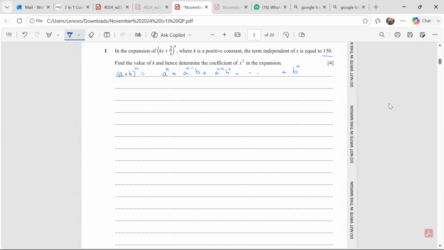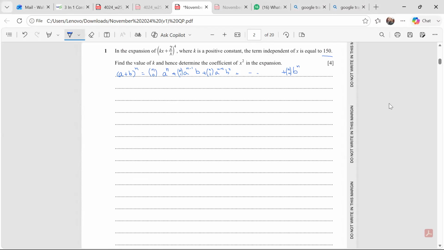The first coefficient is n combination 0, which is basically 1. The next coefficient is n combination 1, and then n combination 2, and so on. The last one here is n combination n, which is again 1 only.